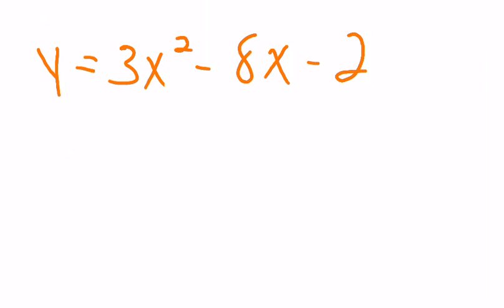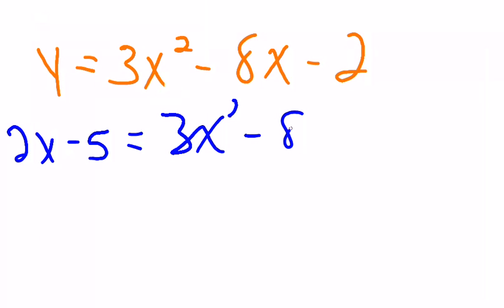So we have y equals 3x squared minus 8x minus 2, but now we're going to replace the y. So we replace that with the 2x minus 5 equals 3x squared minus 8x minus 2. Now we have a quadratic here, so that means that we will need to move everything over to one side to either be able to factor it or use a quadratic formula, all that good stuff.